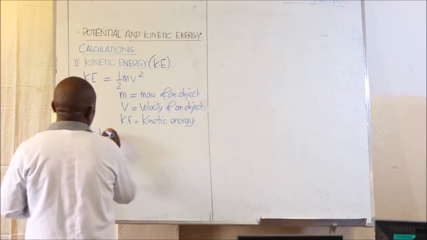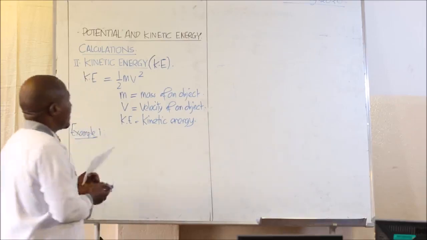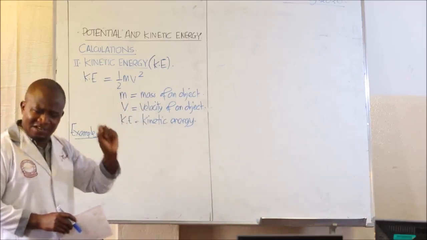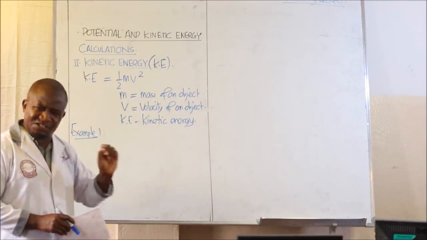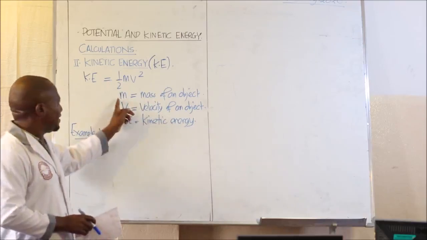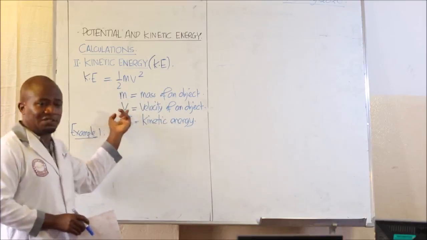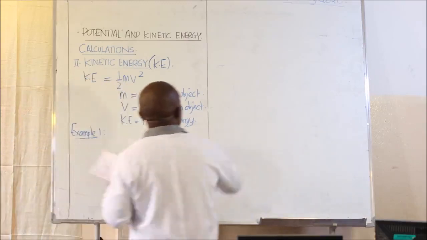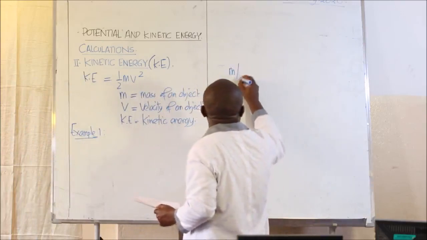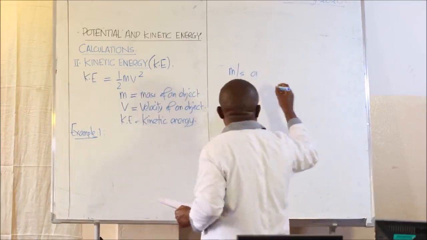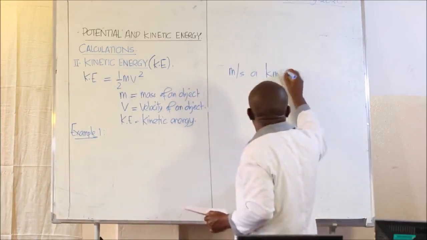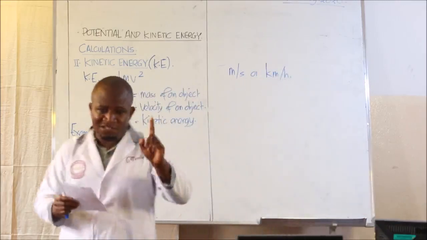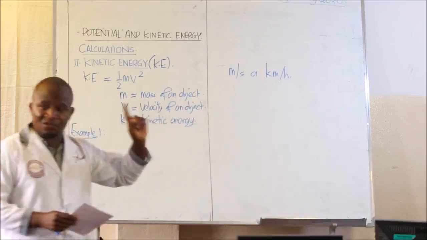Before I go to example number 1, I said mass is always in kilograms. That is the standard unit of mass, the internationally accepted unit of mass. Then velocity can be meters per second or kilometers per hour, meters covered in 1 second or kilometers in 1 hour.